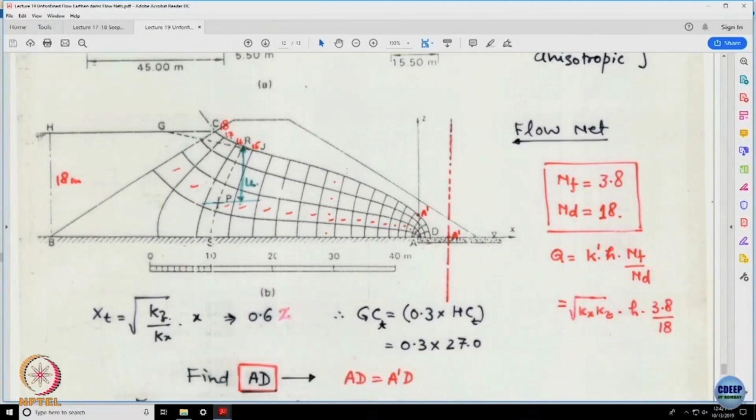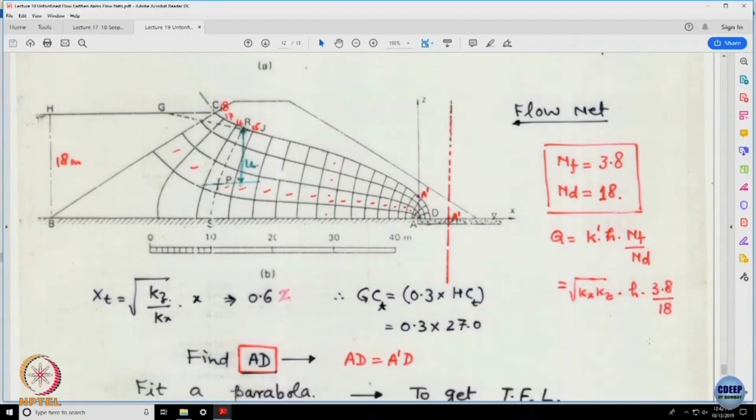After the flow net is constructed, I can count the NF and ND, and this is 3.8 and 18. This is the transformation of x into x t direction. So, root of kz by kx would be 0.6 times x.